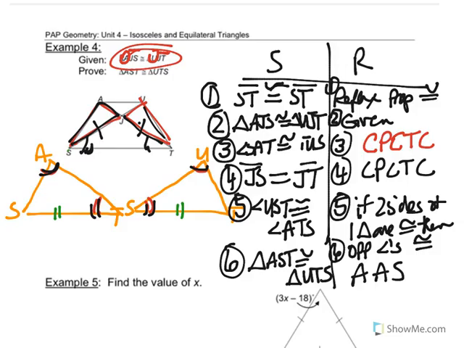Here is a side right here, and here's a congruency statement for those angles, and here's another statement for those angles. So we have our angle, side, angle in statements 3, 5, and 1. Okay, let's do the last two. We're almost done.